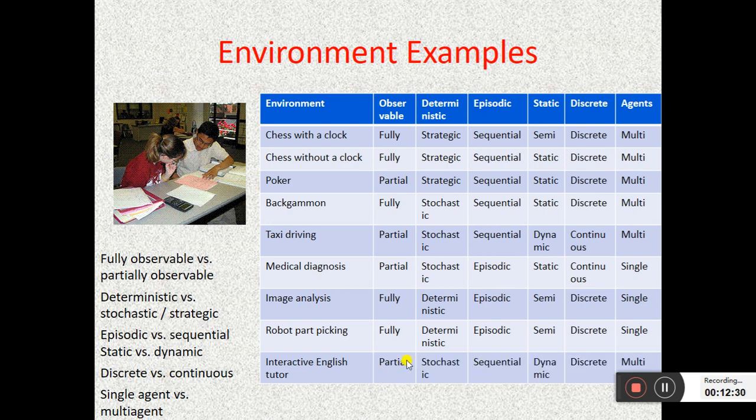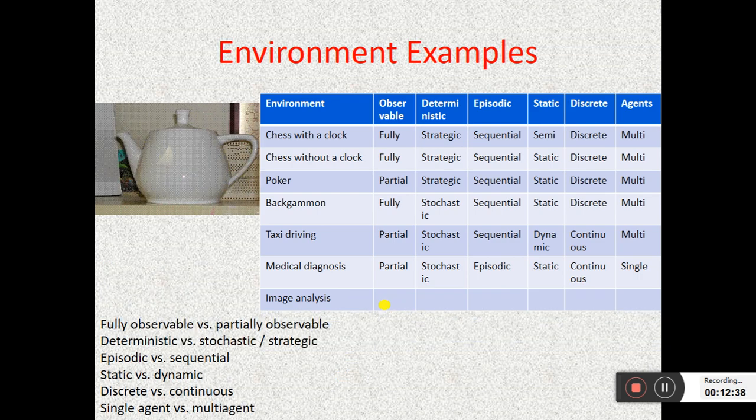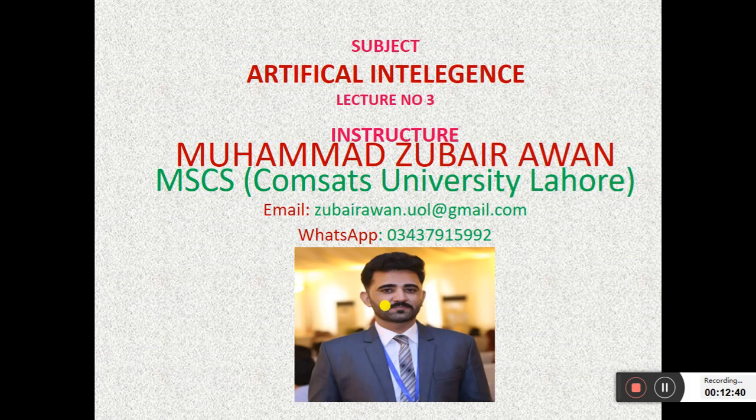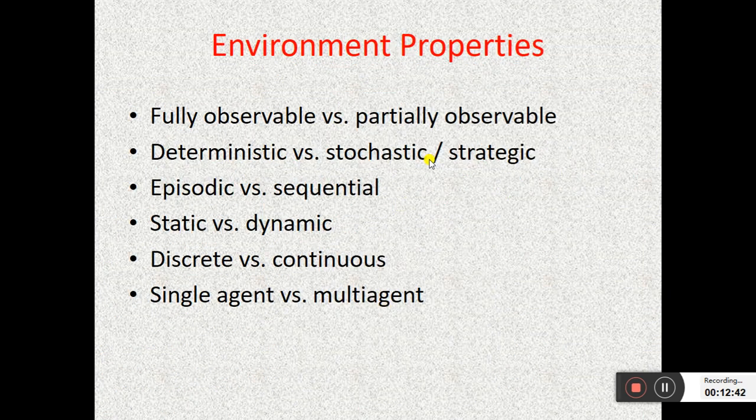Here is an example of interactive English tutor. So all we have discussed are the examples of environmental properties. So in paper point of view, you have to have discrimination of all these properties of environment.